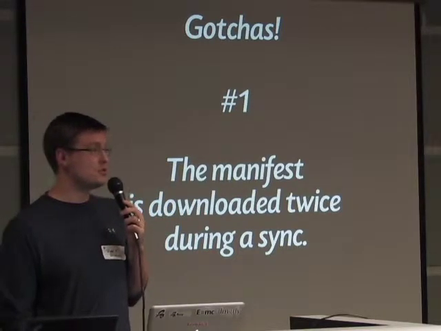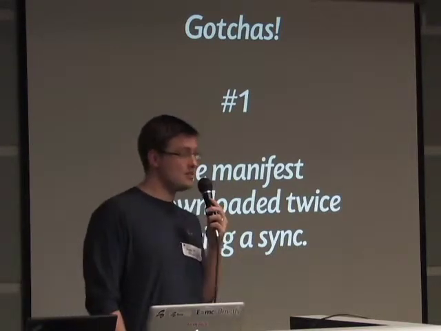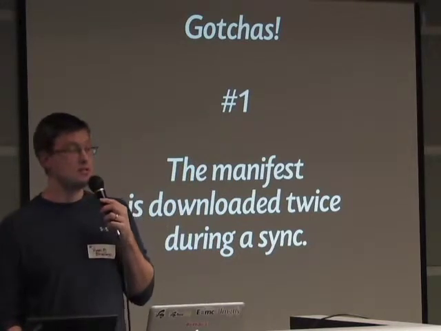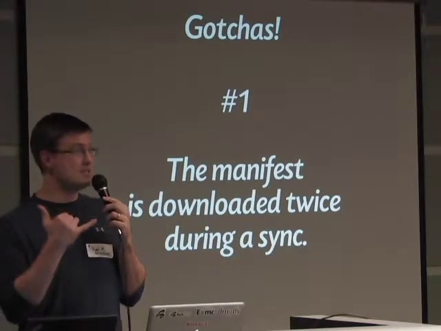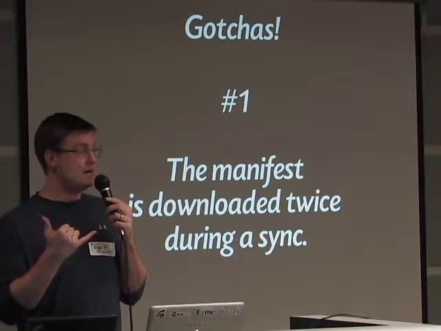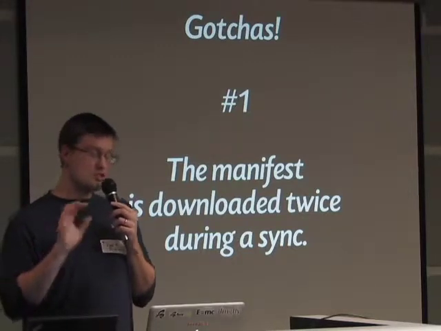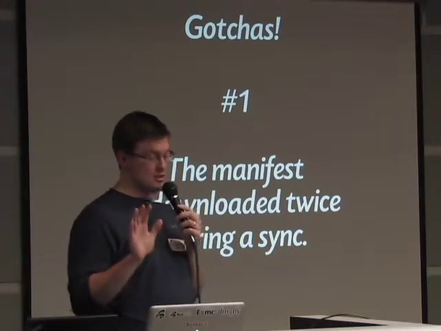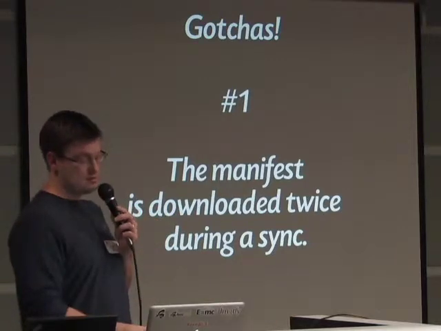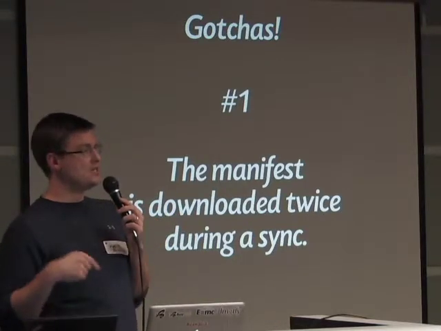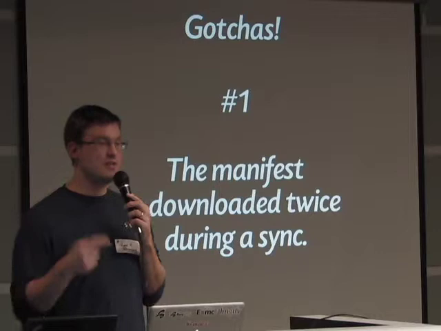It does that to make sure that from the time we started downloading the app to the time we finished, it was the same manifest file, so that we know we're not invalid. Not something too big of a deal to worry about, but it's valuable to know when you see the logs running through on your server and you see this manifest file accessed twice.